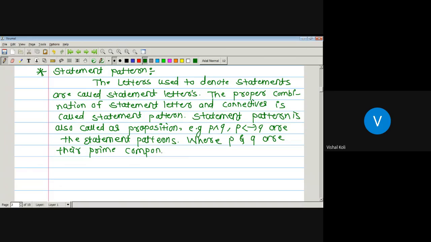Now here we get the statement pattern. Now we have to construct the truth value table for this statement pattern. First we have given one statement pattern for which we have to find out the truth value table, which is nothing but the truth value table for our given statement pattern. Let us see the definition.